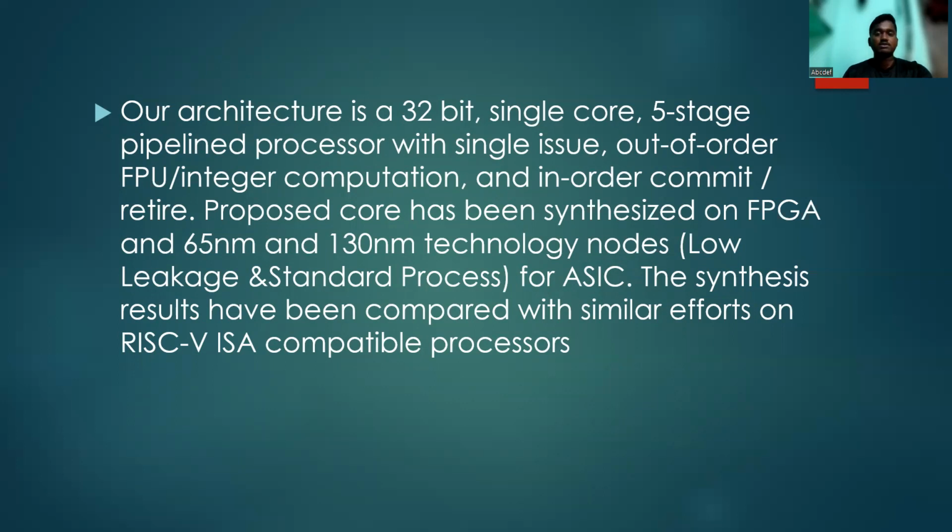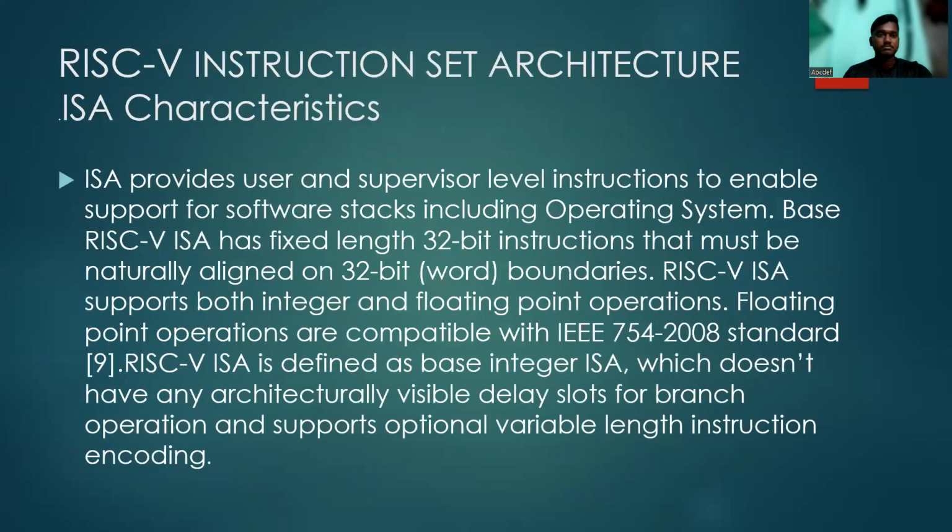Proposed core has been synthesized on FPGA and 65 nanometer and 130 nanometer technology nodes, low leakage and standard process for ASIC. The synthesis results have been compared with similar efforts on RISC-V ISA compatible processors.